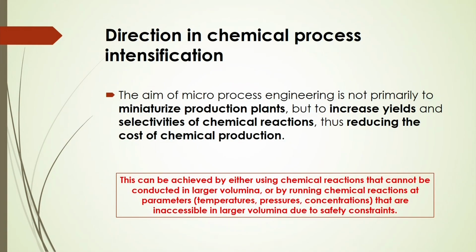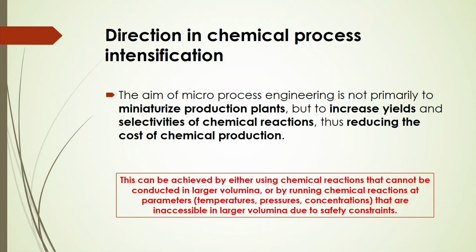Now, for that direction in chemical process intensification, the aim of microprocess engineering is not primarily to miniaturize production plants, but it may be utilized to increase yields and selectivities of the chemical reactions, and also you can use this for the reduction of the cost of chemical production.